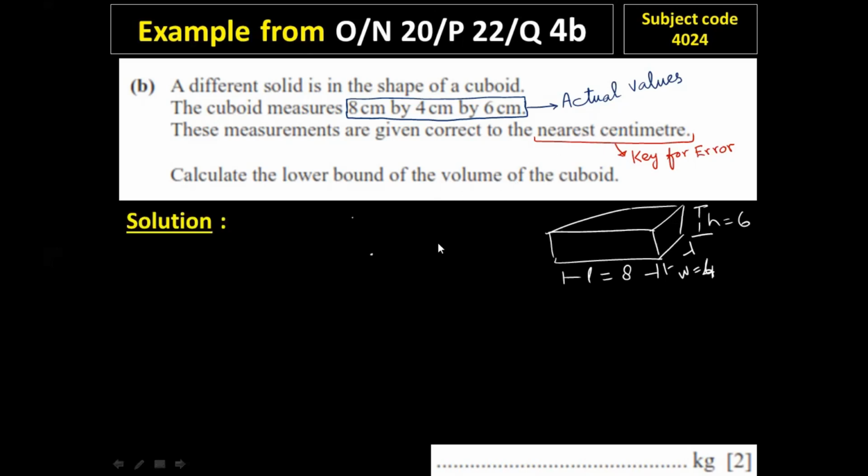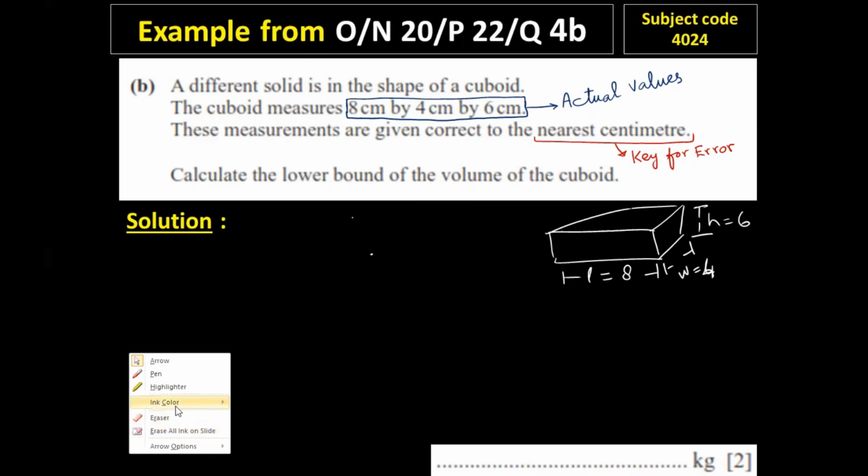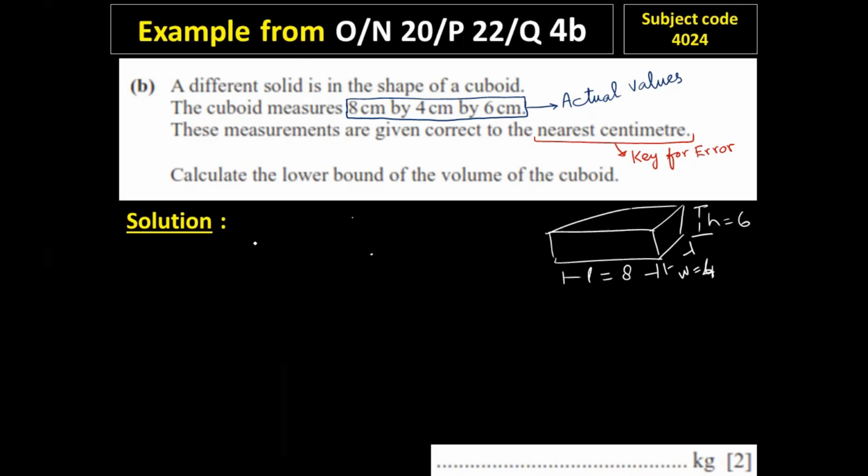Now, start the solution here. First, you have to write the simple formula for volume of cuboid. The volume of cuboid is length times width times height.